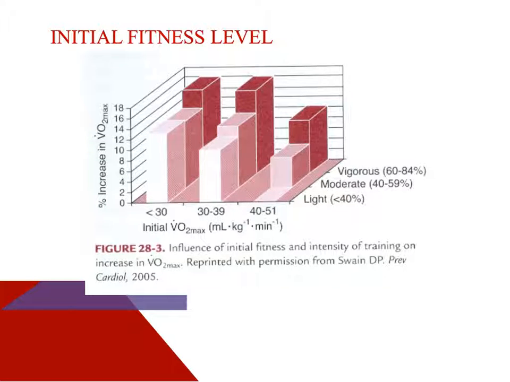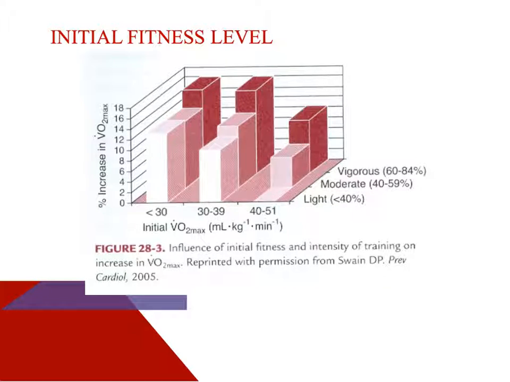Now, we also see that with less than 30 of an initial VO2 max, for our sedentary or low fit individuals, it doesn't really matter if it's light or moderate intensity because they will get approximately the same effects. So you can see on the chart that there's about an 11% increase in light and moderate intensity activity for sedentary individuals.